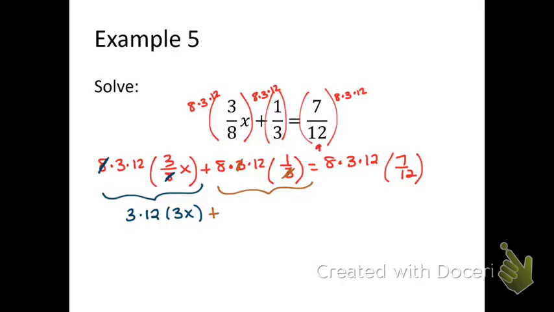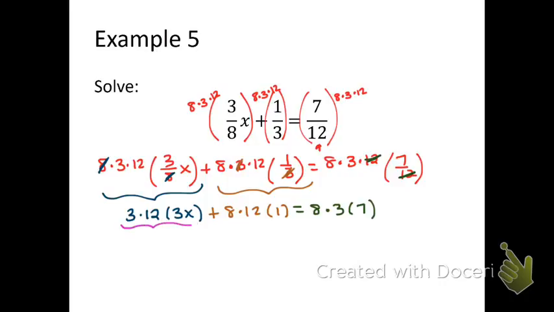So I've got my plus 8 times 12 times, well, let me put in parentheses like I had it above, 1. Then I got my equals. On this one, my 12s are going to cancel, so I'm left with that 8 times 3 times that 7. So then from here, we can just go ahead and start working out our pieces.